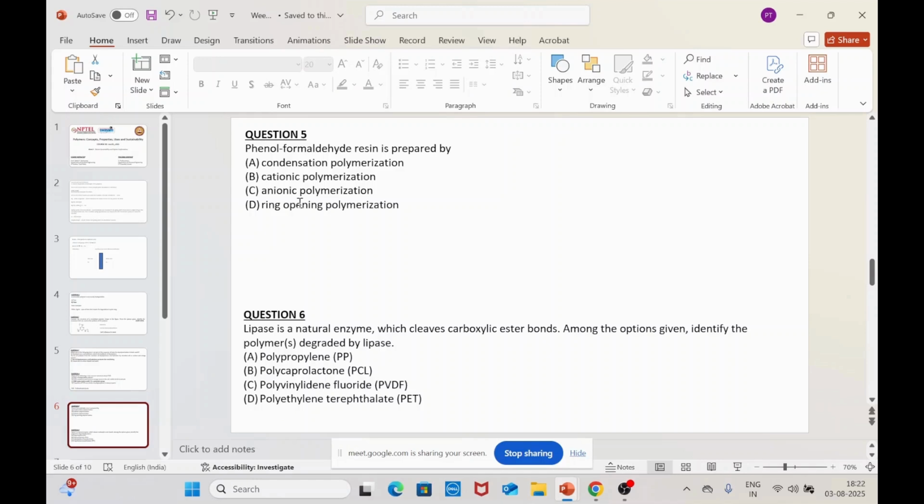Question 5. Phenol formaldehyde resin is prepared by condensation polymerization, cationic, anionic, or ring open polymerization. Phenol formaldehyde resin is a very commonly used resin in our daily life.